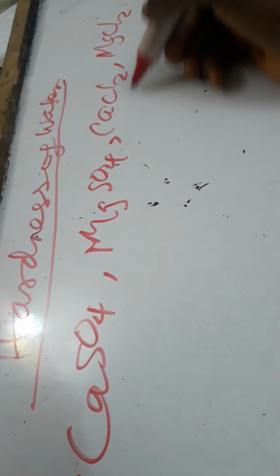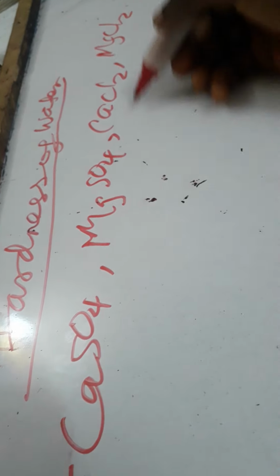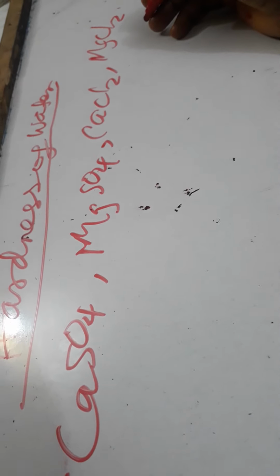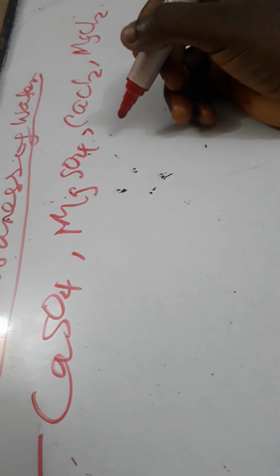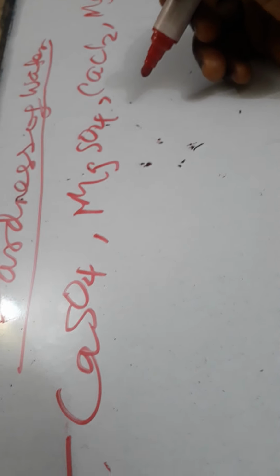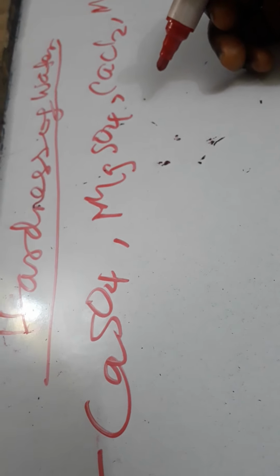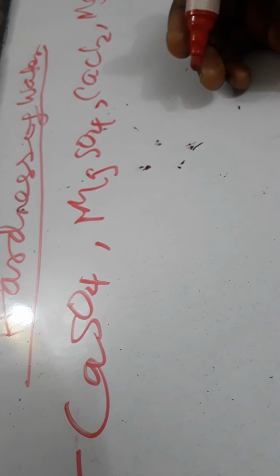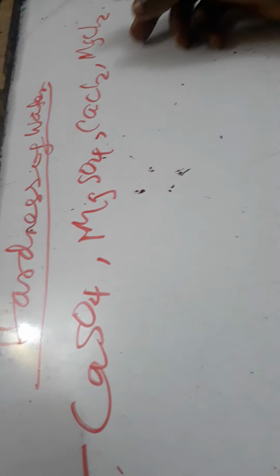When they are in water, the water becomes permanently hard, and so it cannot be removed by boiling. And when you add soap to such water, you see the formation of scum, a whitish substance, and the water tends to be stubborn, except when you use liquid soap or powdered soap, which are all detergents. But when you use bar soap, definitely it will form a whitish substance because of the solubility of this compound.